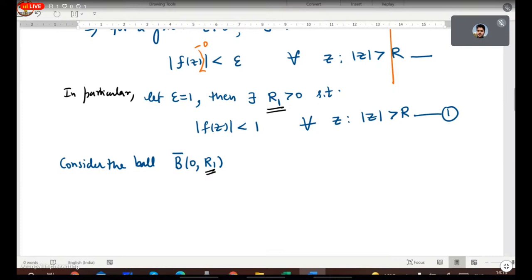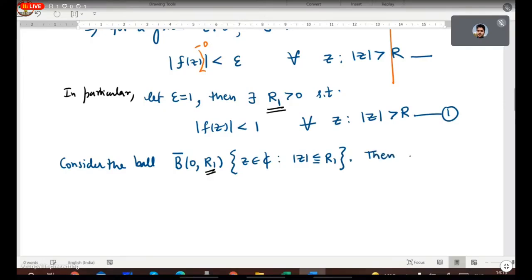It is the closed ball centered at origin having radius R1. So basically class, just for the sake of understanding, this set is the collection of all those complex numbers in the complex plane such that mod z is less than or equal to R1. Is this okay class? This is how we define the closed ball. Anyways, so consider this ball.